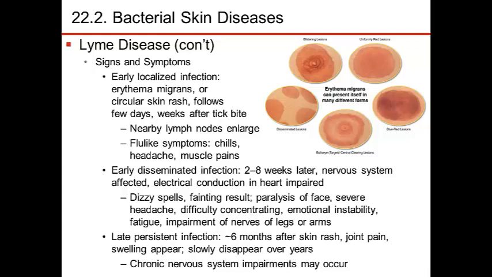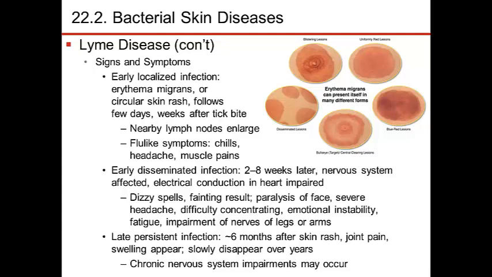The possible manifestations of disseminated infection include secondary annular skin lesions, more bullseyes, meningitis, cranial neuritis, peripheral neuritis, carditis, and a musculoskeletal pain that appears to migrate to different parts of the body.